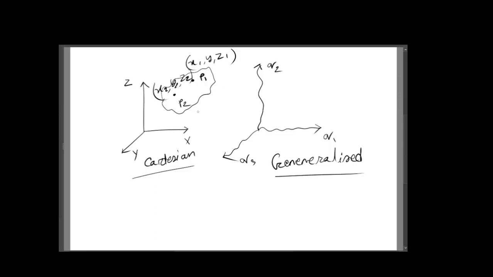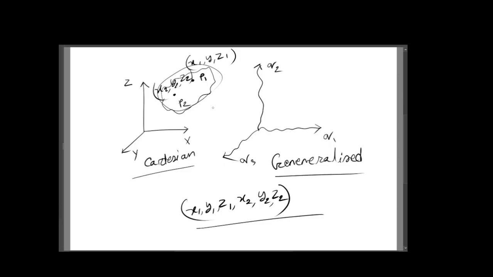Here the P1 and P2 particle system can be represented using the set of numbers x1, y1, z1, x2, y2, z2. This set of numbers is the position of the two-particle system shown in the figure. Now we can say this two-particle system also exists in the generalized coordinate system.